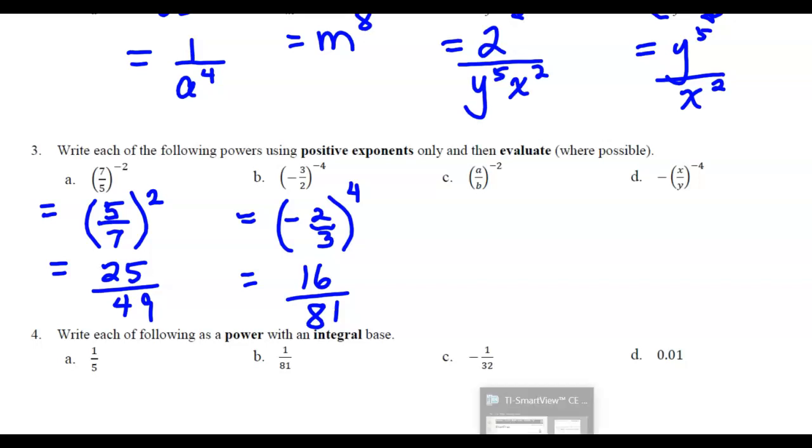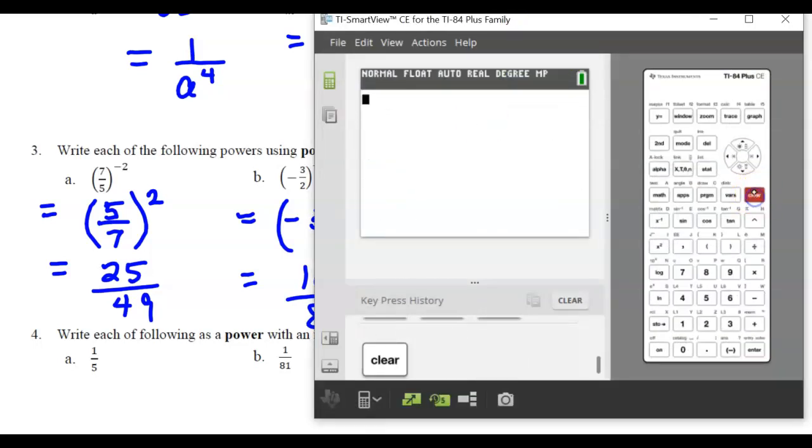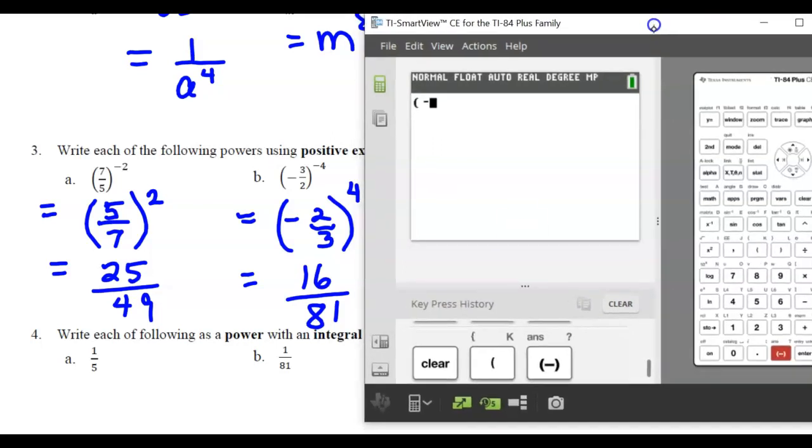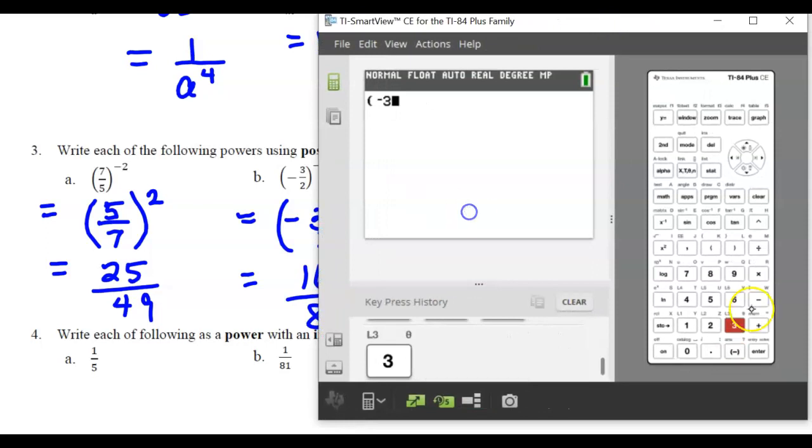Let's check that one. Get your calculator out. Open bracket, you should find a bracket key on the graphing or scientific calculators. Put negative 3 over 2, and I'm just going to use the divide symbol.